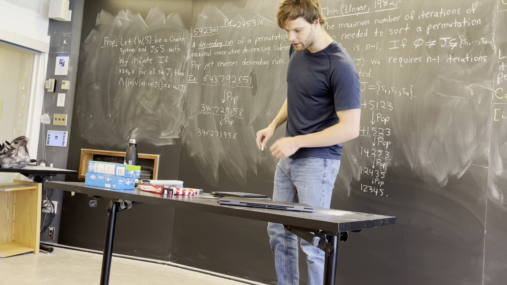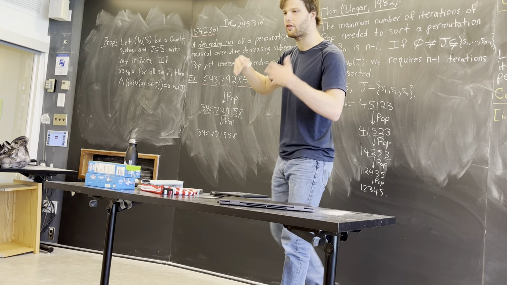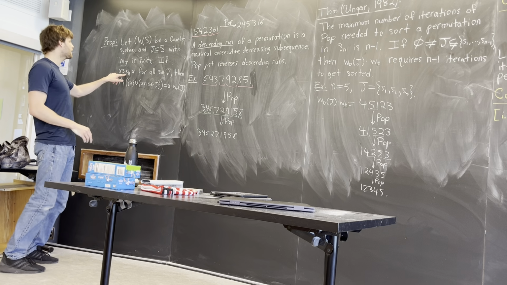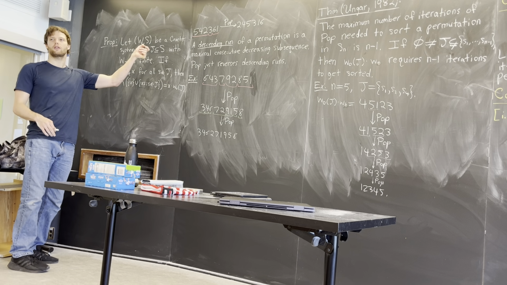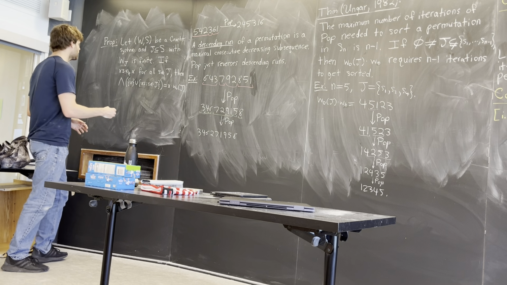But anyway, in particular, I could take J to be just the set of right descents of x. Basically this condition here is just saying that every element of J is a right descent of x. But I could say, well, what if J is just all of the right descents of x?